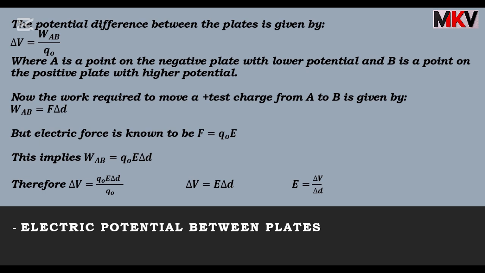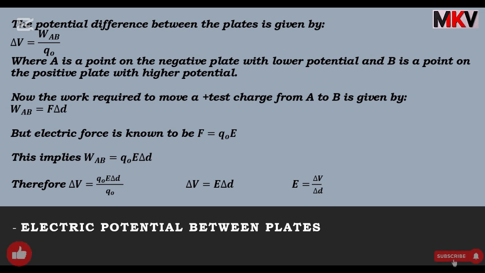Now the work done to move this charge from point A to B is force times the change in distance, and this change in distance is the movement from point A to point B. So the force required to move the charge from point A to point B and the distance between point A and B gives the work done.